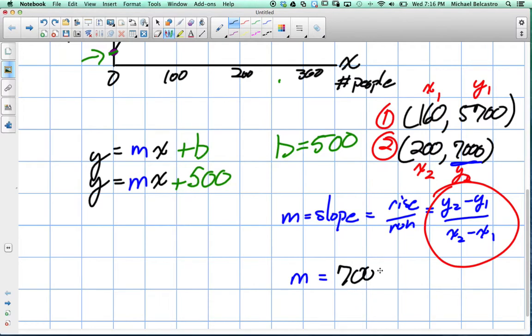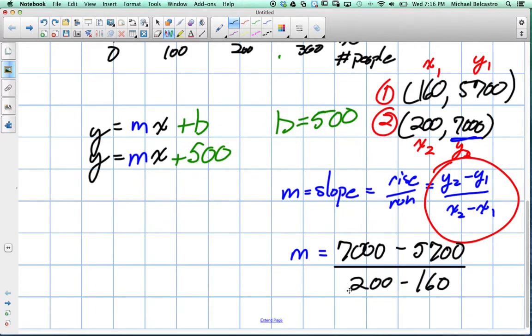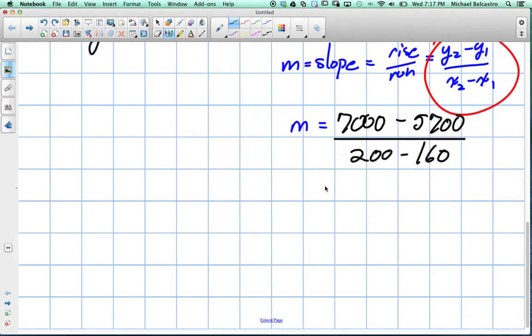What is my y1? 5,700. Yep. And that's all going to be divided by what? 200 and then 160. Yep. Subtract 160. Subtraction is important there. Okay, so let's see if we can do this. Can you, in your head, do that subtraction? 2,000.